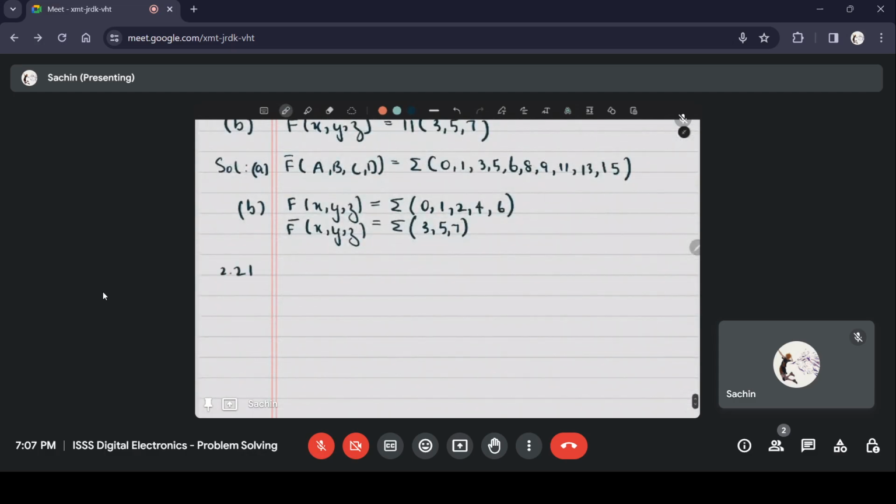Question 2.21. Convert each of the following to the other canonical form.